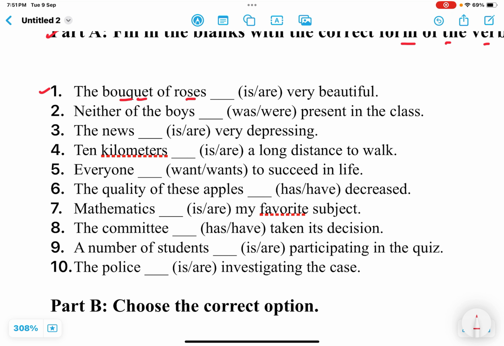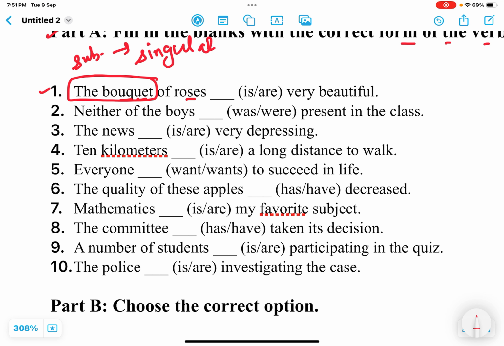First step is to identify the subject. So the subject is the bouquet. Next step is to check whether it is singular or plural. The rule is collective nouns are always singular. So here the subject is singular.